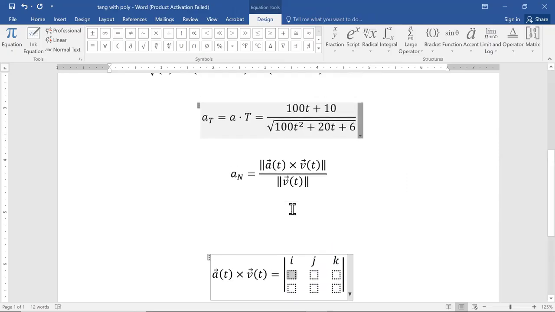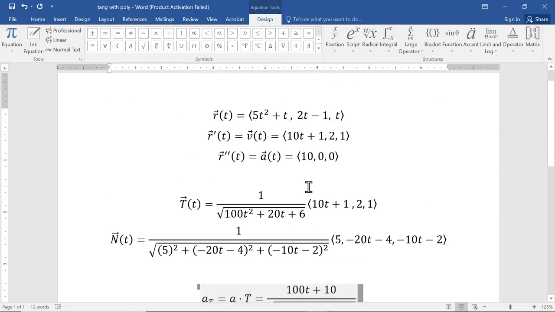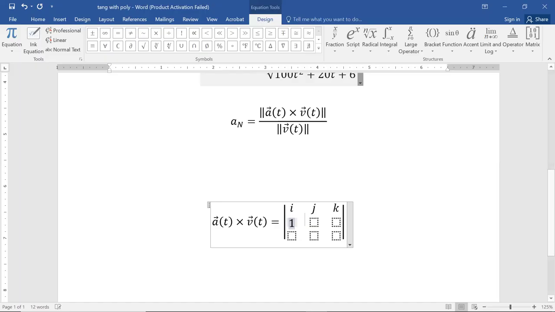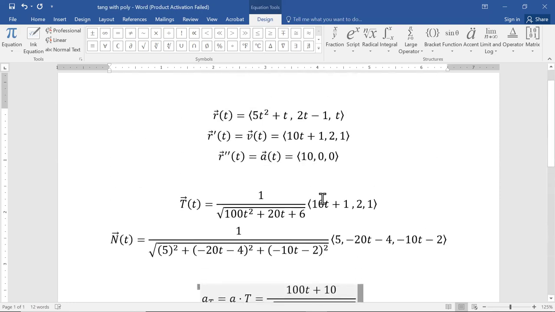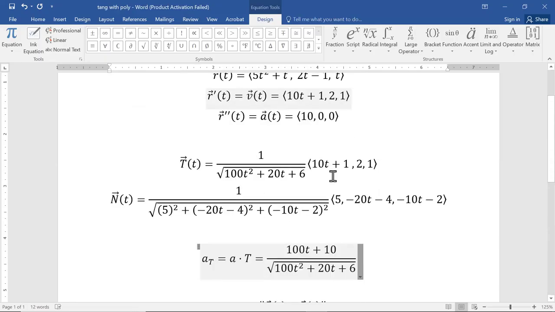In the second row, I need my acceleration vector. Well, that's a really nice vector, 10, 0, 0. And then in the third row, I'm going to put my velocity vector, which is 10t plus 1, 2, 1.